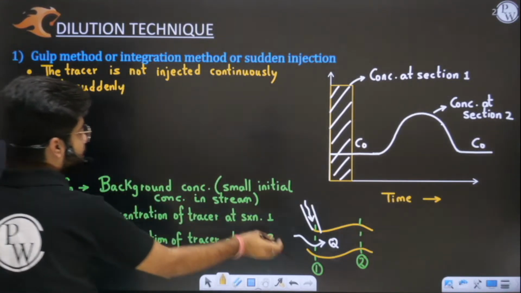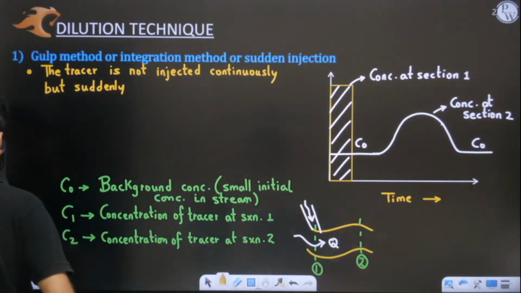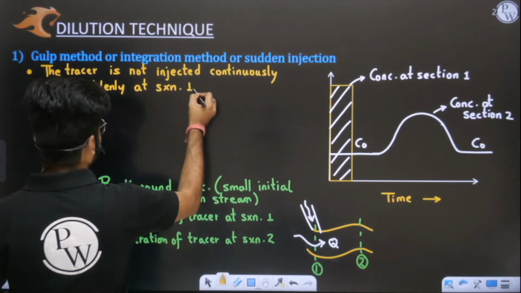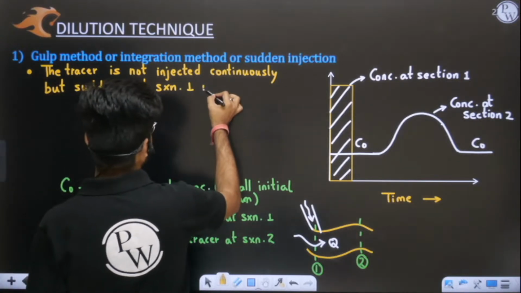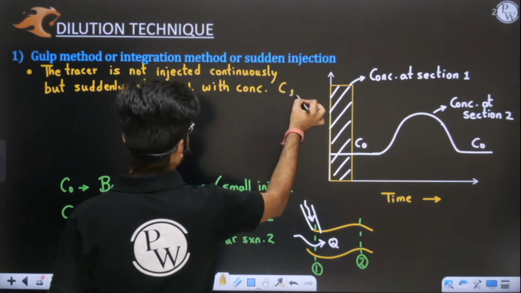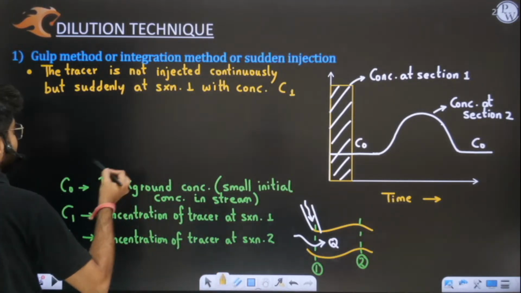All of the tracer I will drop immediately, suddenly, at section 1 with concentration C1.